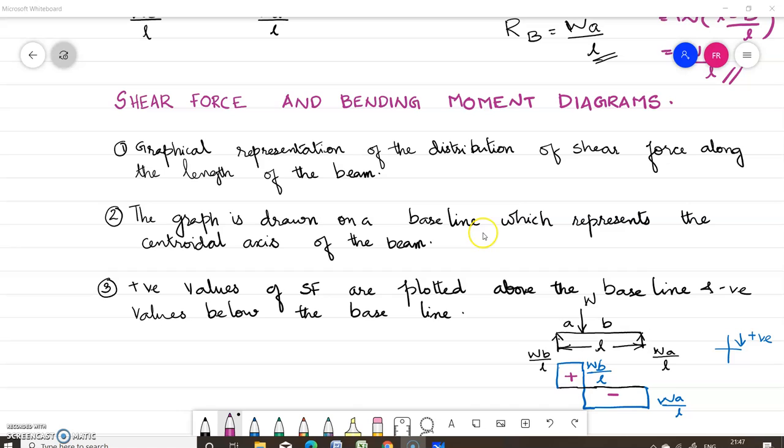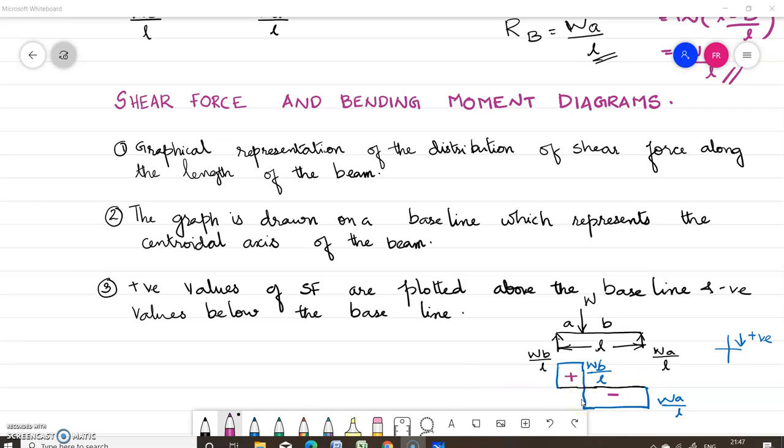It is usually taken as the x-axis, and you have to represent the shear force along the y-axis, and the distance values along the length of the beam on the x-axis.